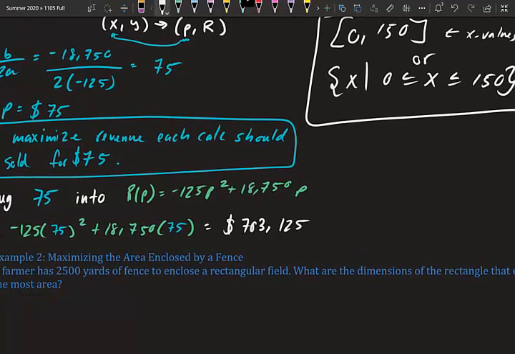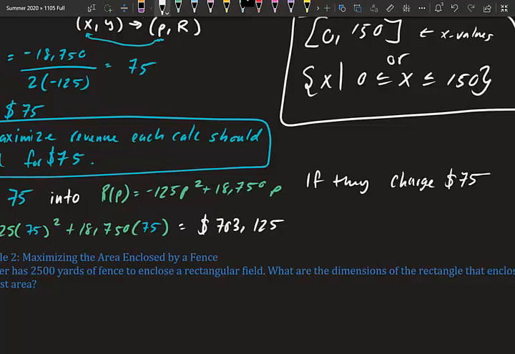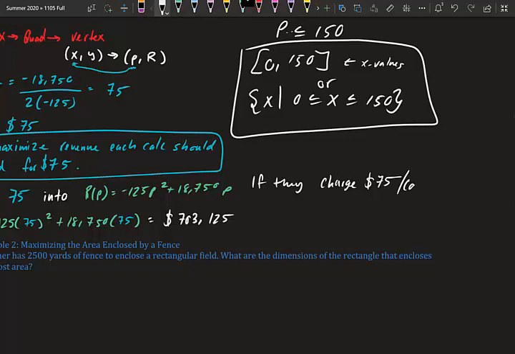So if they charge $75 per calculator, they will earn a maximum revenue of $703,125.